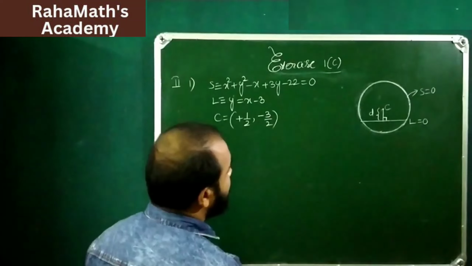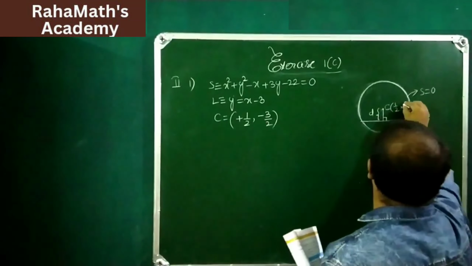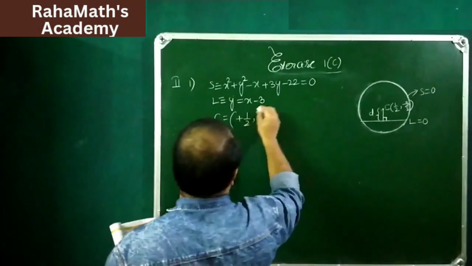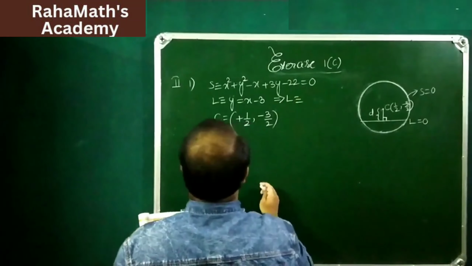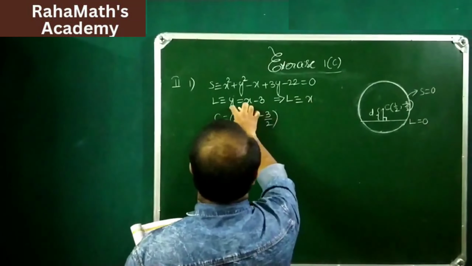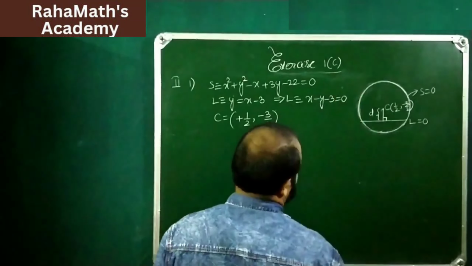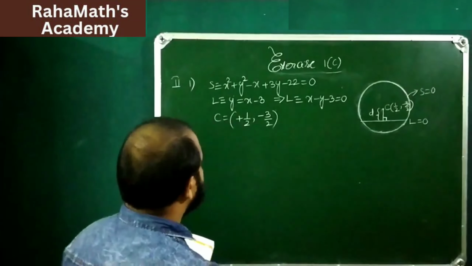So this is C, (1 by 2, minus 3 by 2). And what is this line L? L is x minus y minus 3 equals 0. So this line is x minus y minus 3 equals 0.